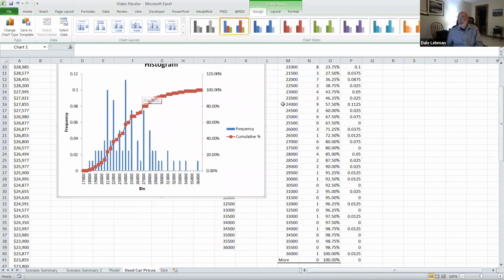Since none of them are less than 0 and none are greater than 1, and since they add up to 100%, I could interpret this as a probability distribution.